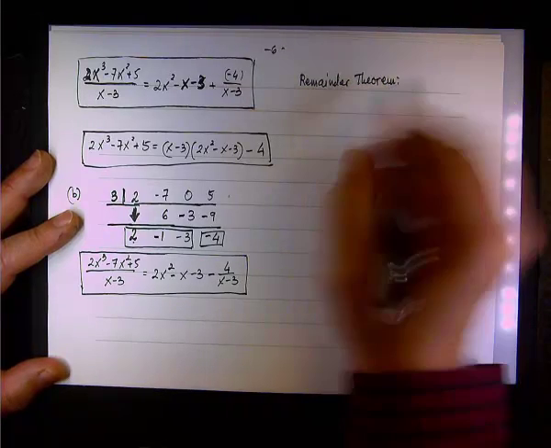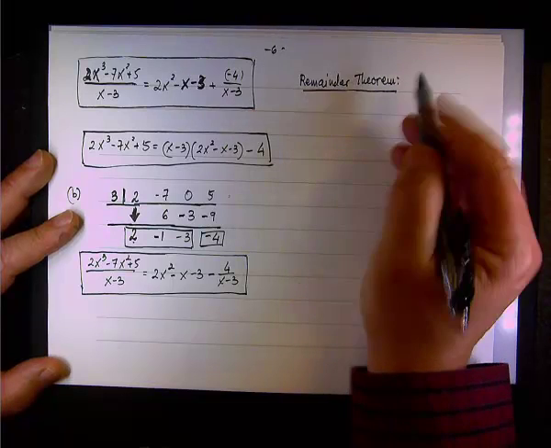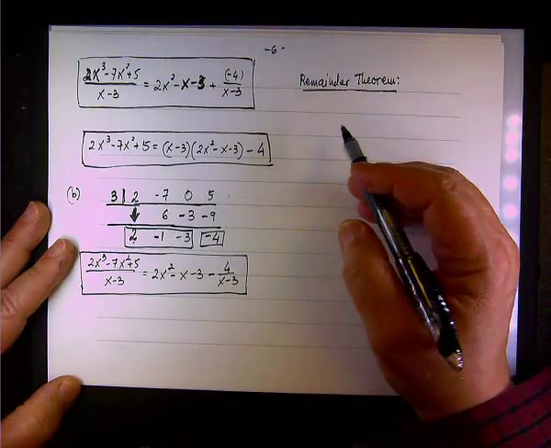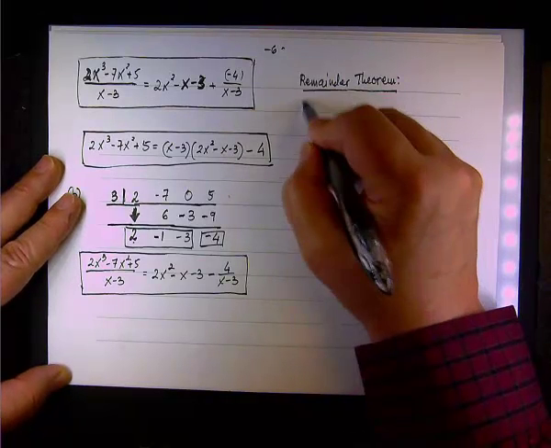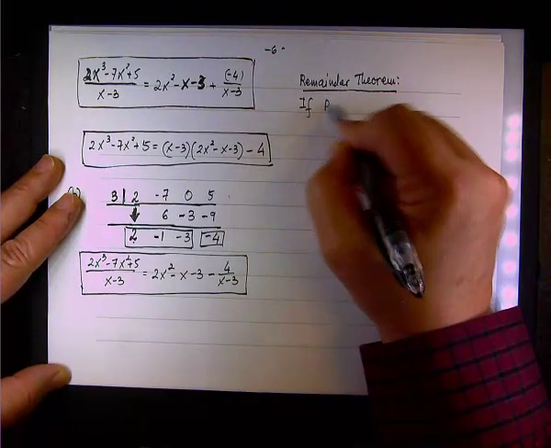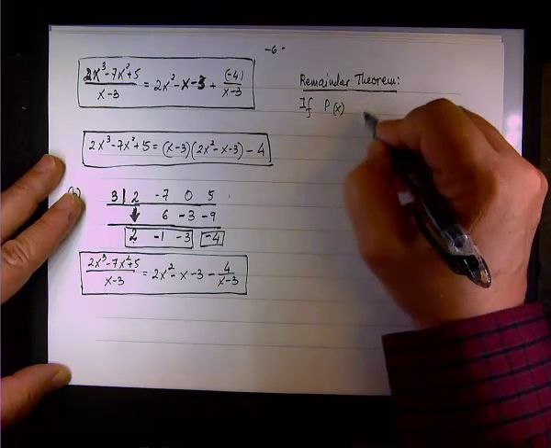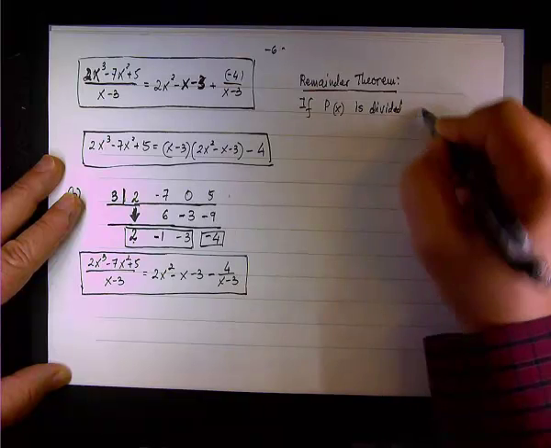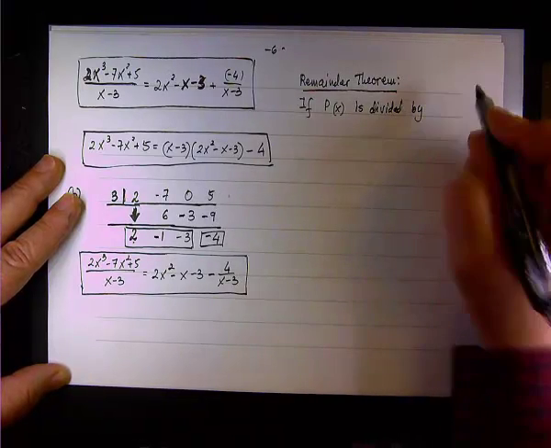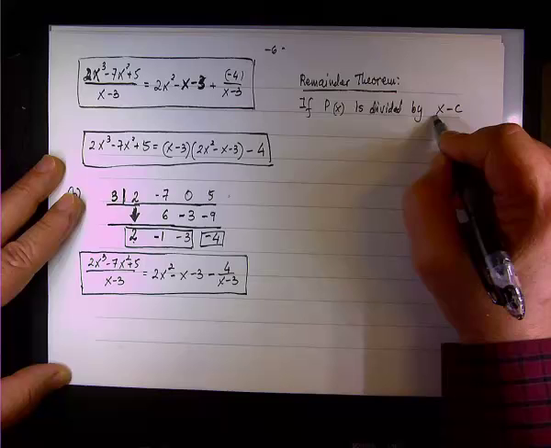Okay, so here's something called the remainder property or remainder theorem. It's easy to prove it, really.